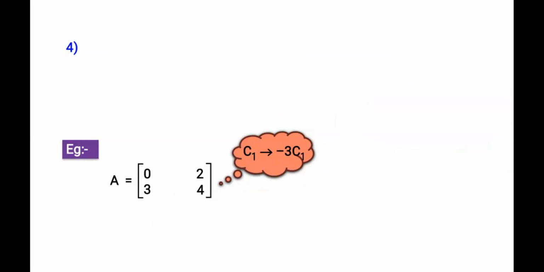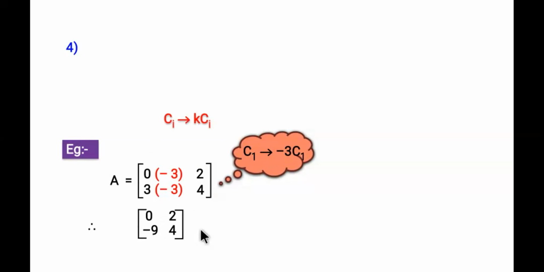You have elements in your first column, that is 0 and 3. So you have to multiply minus 3 to it. So you will get a transformed matrix. 0 into minus 3 will obviously be 0 and 3 into minus 3 is minus 9. So this is your transformed matrix.